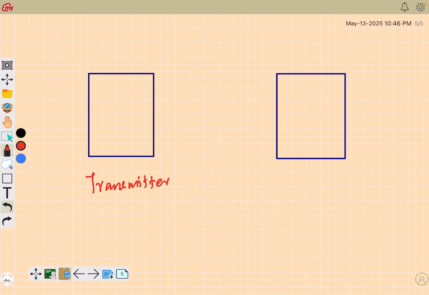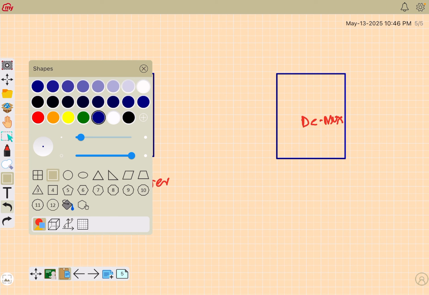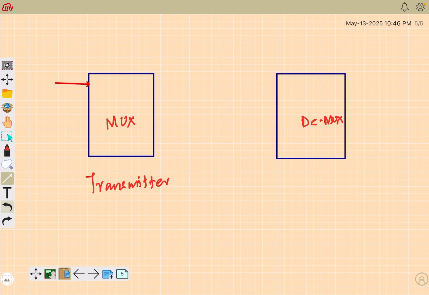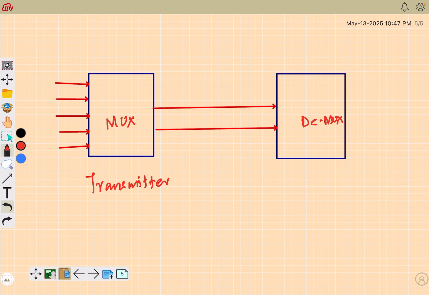Since this is a multiplexer, it will have multiple inputs. These are the multiple inputs. You can consider them as multiple sources. And each of these sources wants to send their data through a medium, which is typically what we call a channel. So this will be my channel, the communication medium.